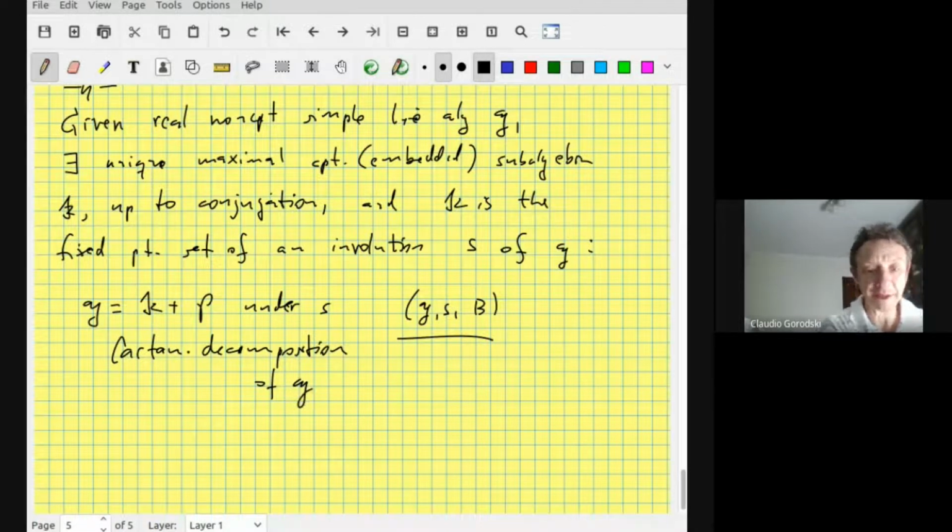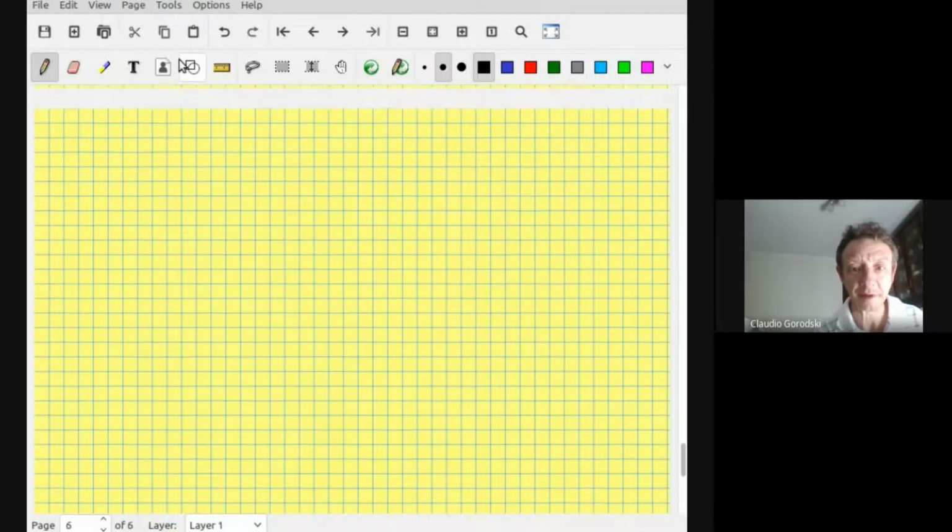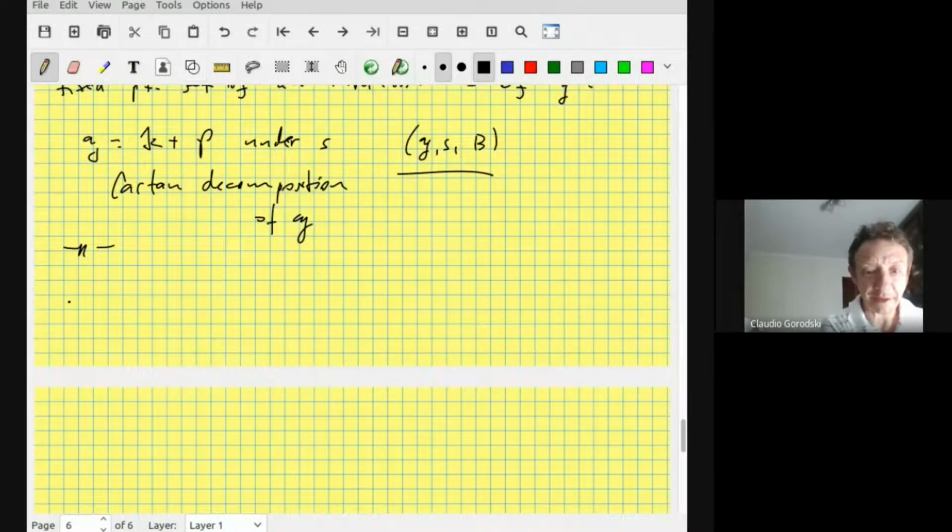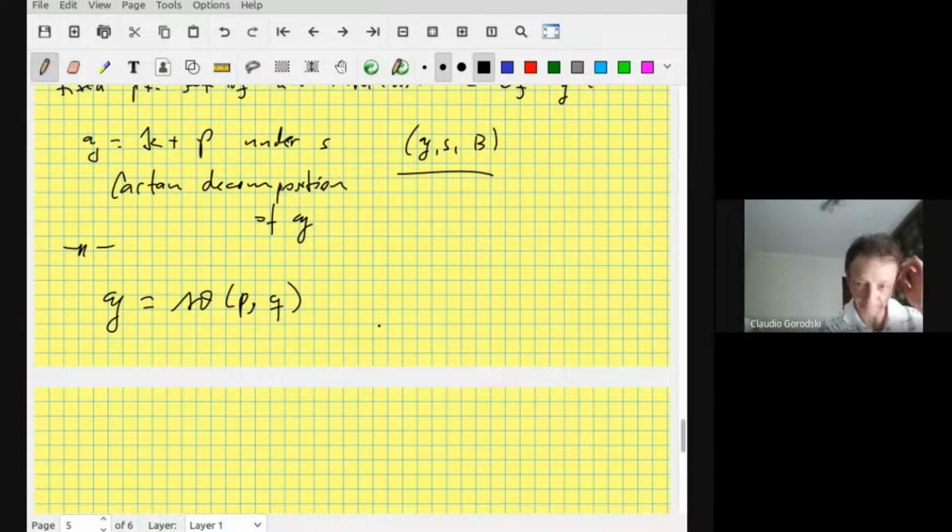Let me give you one example quickly. Say we take G to be SO(P,Q), the special orthogonal group with respect to this indefinite inner product. This is a non-compact Lie algebra.